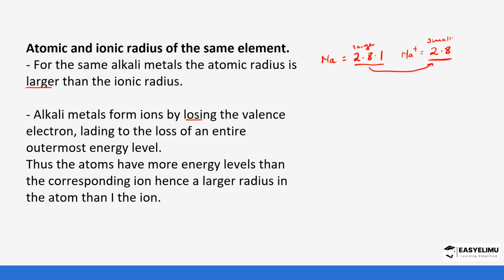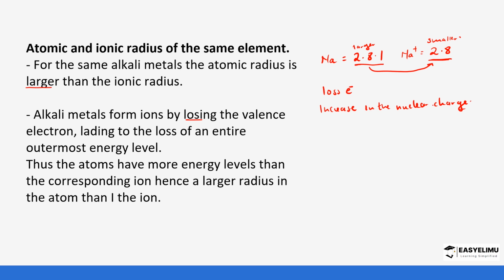Apart from the loss of a whole energy shell, remember we are losing electrons. The moment we lose electrons, there is an increase in the nuclear charge. How does the nuclear charge increase?